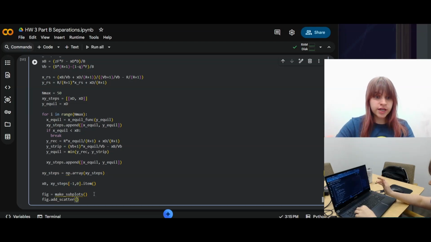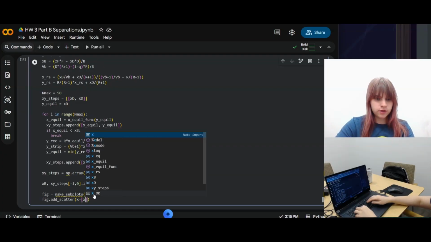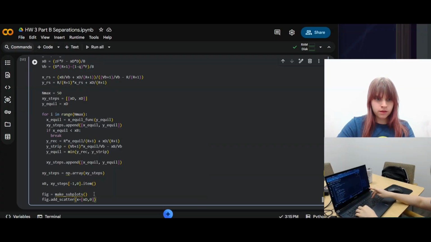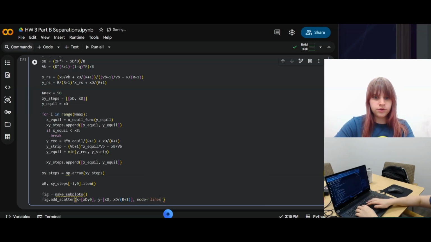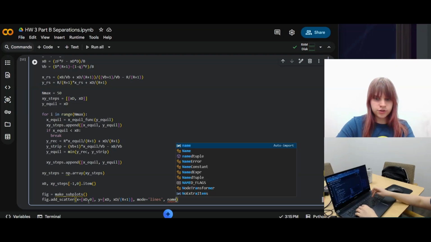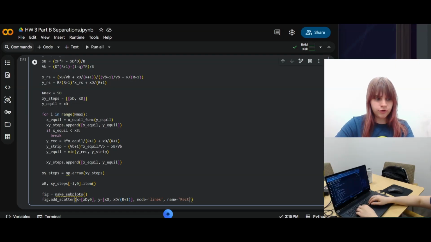First we're going to do that rectifying line where X is equal to the distillate, etc., Y value, and then I'm also going to set a mode, and I'm also going to name this so that it's easy to see on our graph.